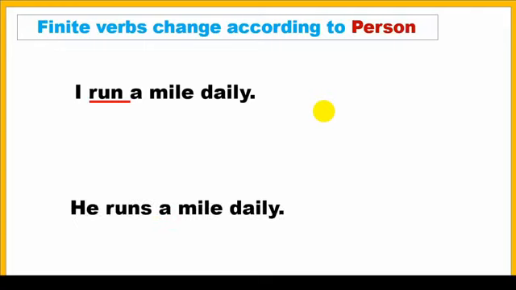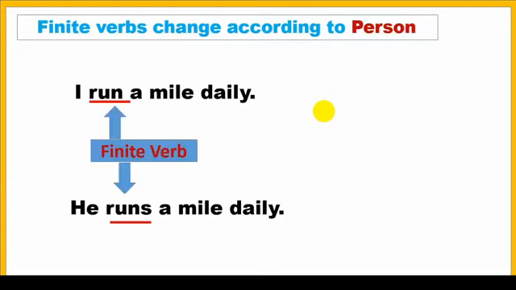Here runs is the verb and subject is he. He is third person. Here the verb run changes to runs. So here run and runs both are finite verb.